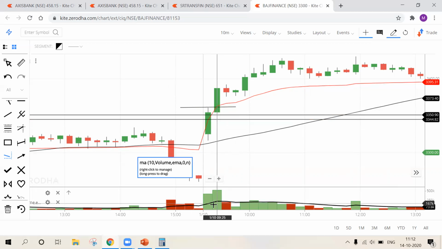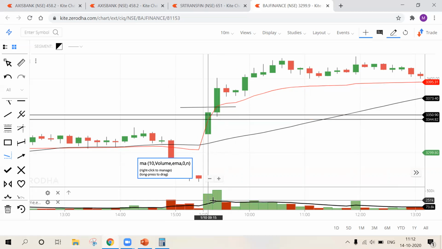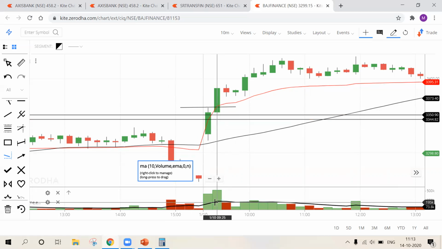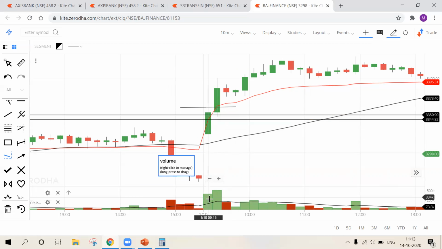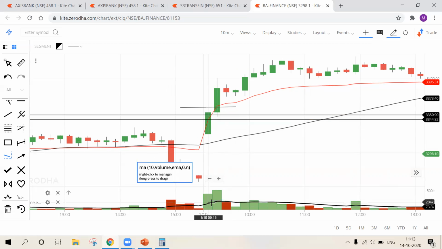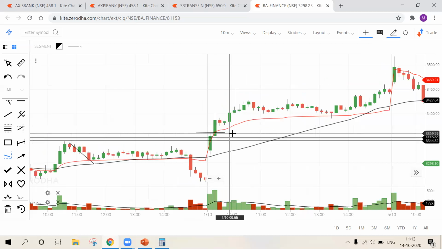See, both are more than black line on the volume. That means more number of buyers came to the market. More than average number of buyers came to the market. Because this black line is nothing but 10 moving average. So fifth confirmation is also done.